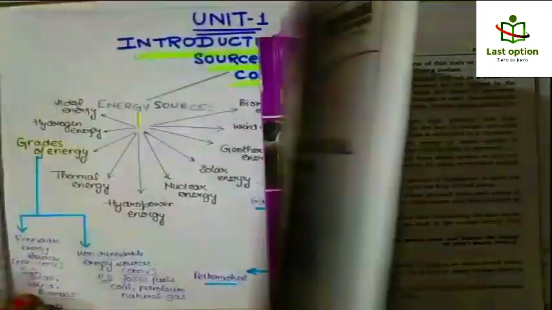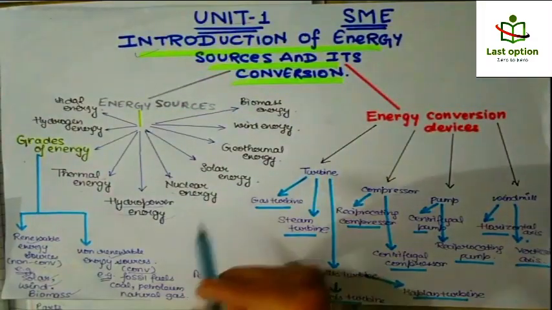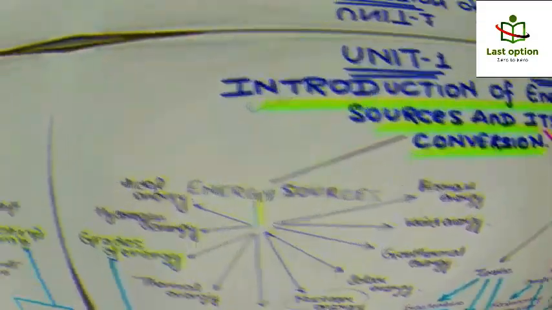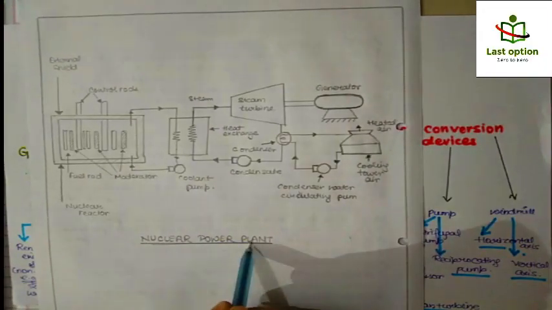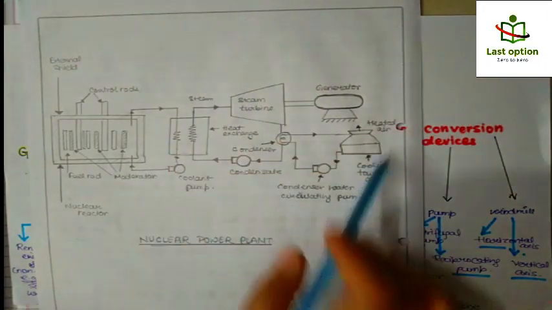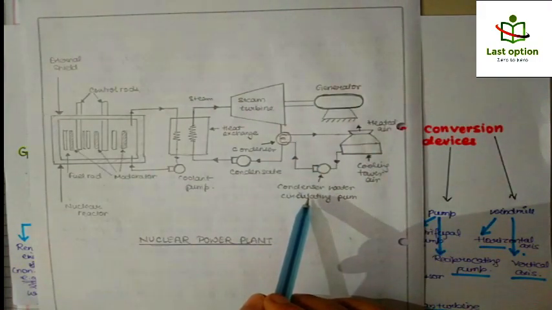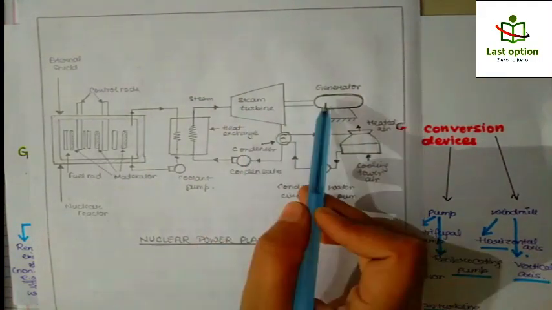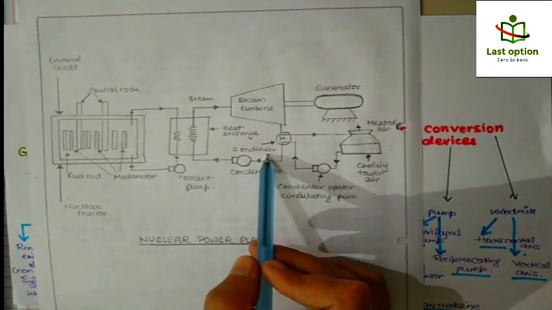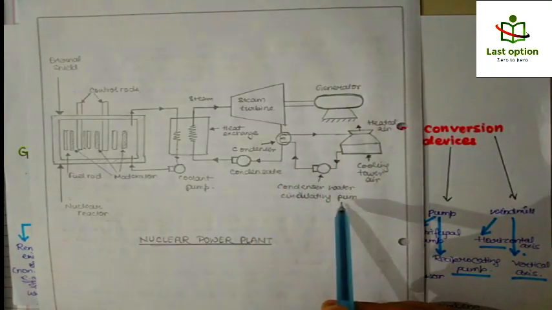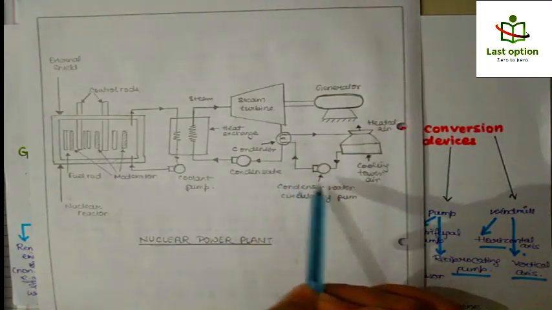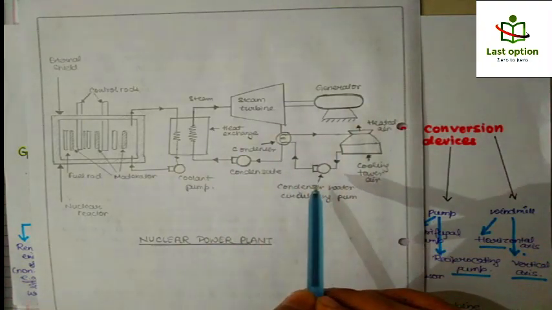Now the next type is nuclear energy. So let's study that. This is a nuclear power plant, and you can see all this is the repeated part that we have studied: steam turbine, then generator, then condenser, then condenser water pump set. So this is something new, but the process that is happening is old.